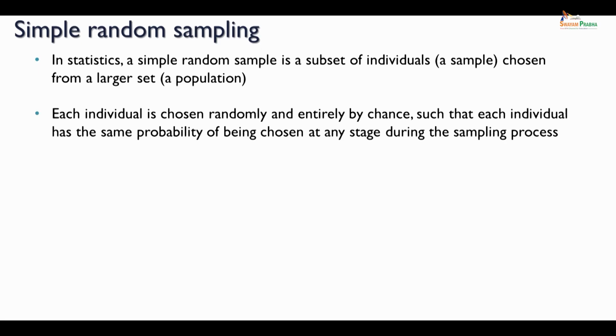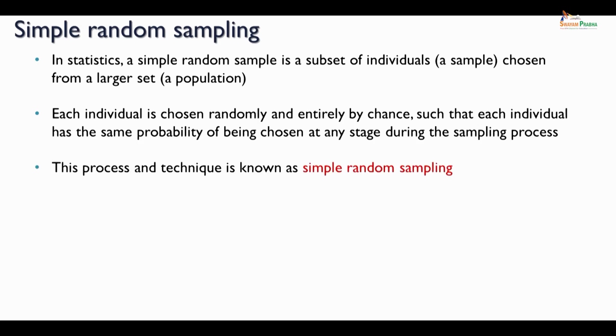Each individual is chosen randomly and entirely by chance, so that each individual has an equal probability of being selected as a sample at any stage during the sampling process. If that has been done, then this technique is known as simple random sampling.